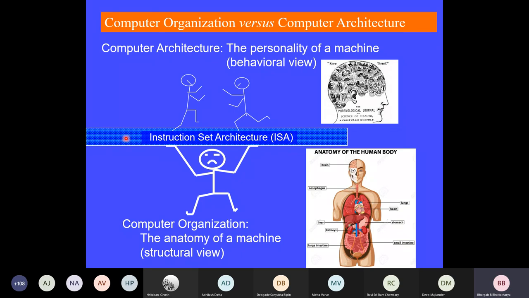So organization refers to the structural view, architecture refers to the behavioral view, which means the behavior of the set of machine language instructions. This slide clarifies the difference between computer architecture and organization and their interdependence. In the middle, you have the instruction set architecture.